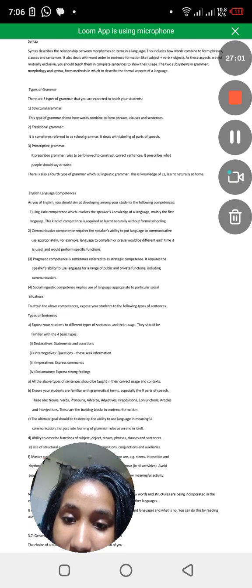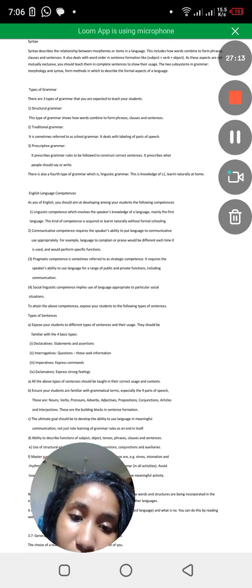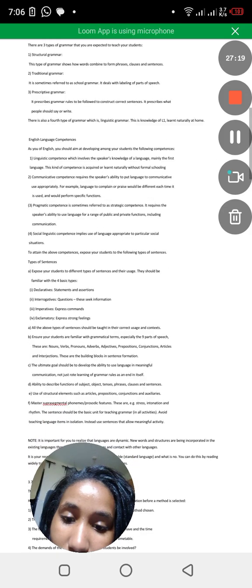So let us now see communicative language teaching. It's an approach that helps to teach English in more productive terms, developing both linguistic and functional skills. It was introduced after British linguists were dissatisfied with the existing methods of teaching English.